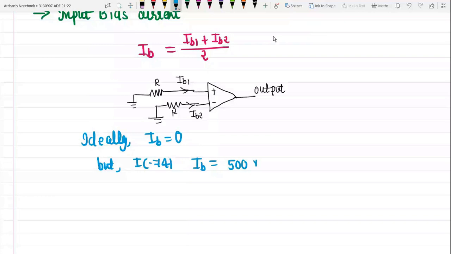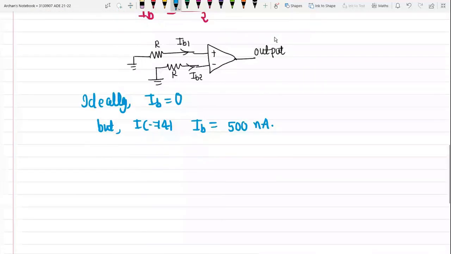The input offset current is equal to 200 nanoamperes, but the average value of the bias currents is maximum 500 nanoamperes. And both these currents, input offset current and input bias current, are temperature dependent.